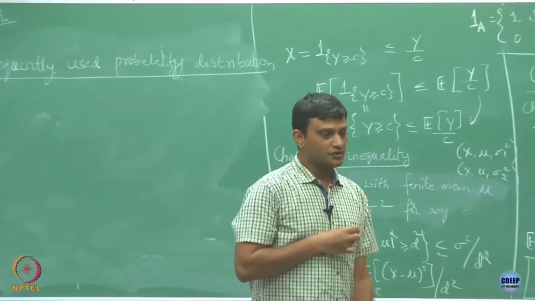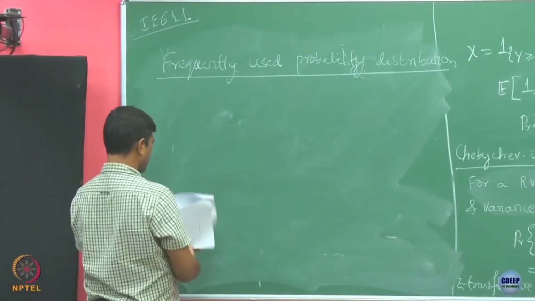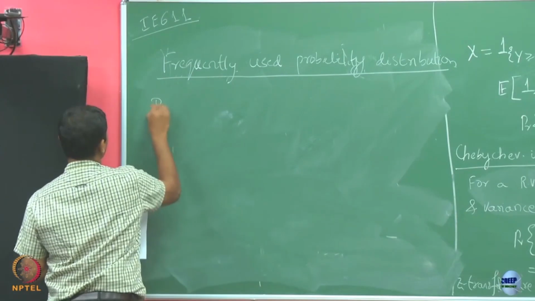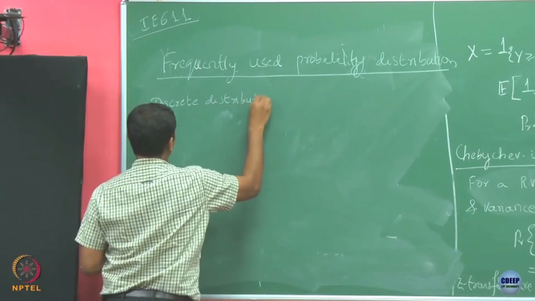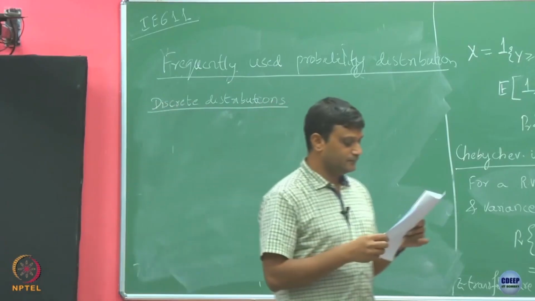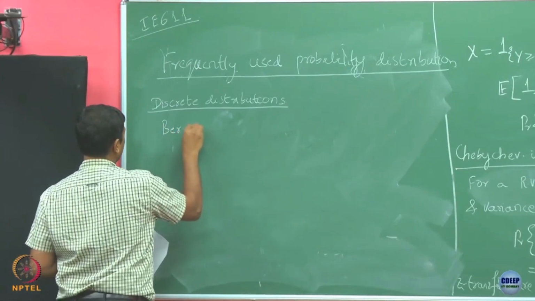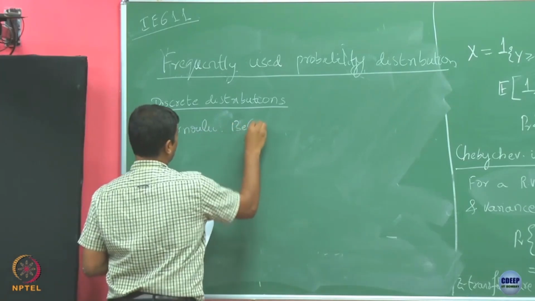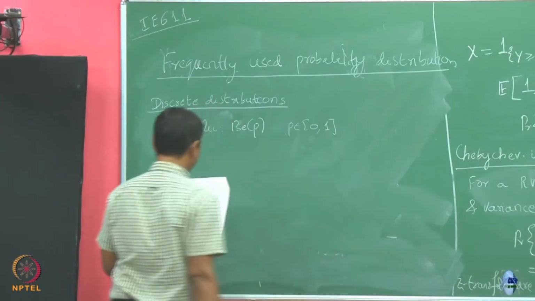So now we are going to talk about discrete distributions first. The first one is the one which I have already used many times, and this is how the probability distribution looks.